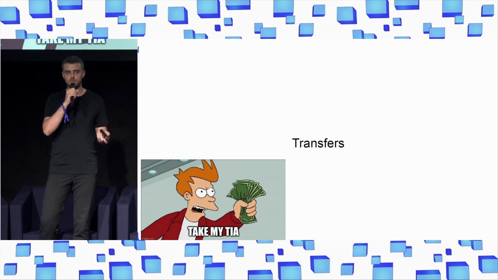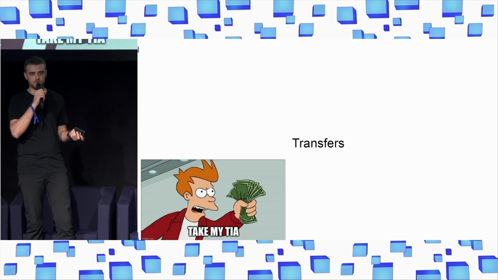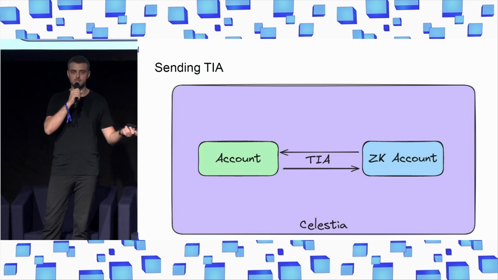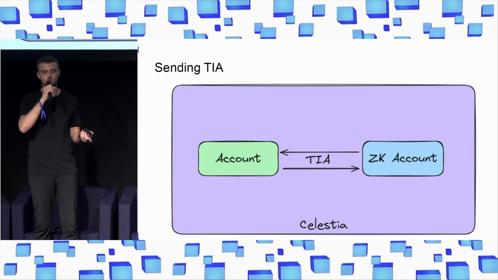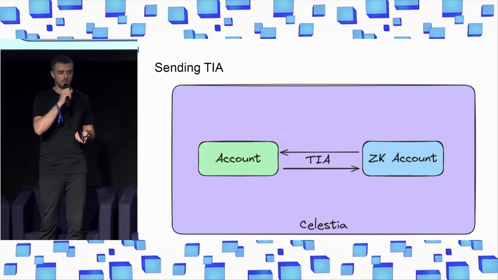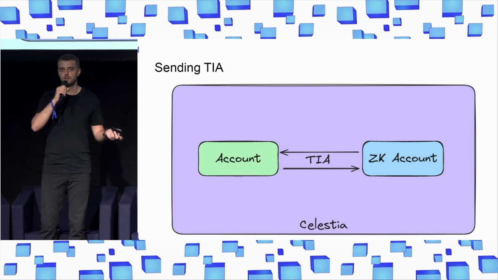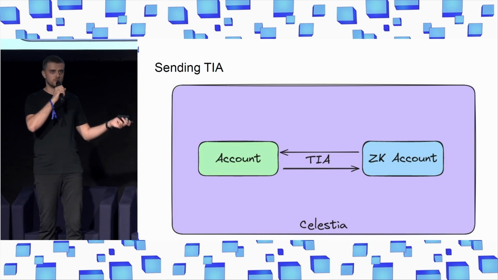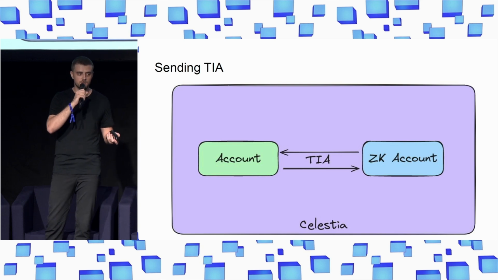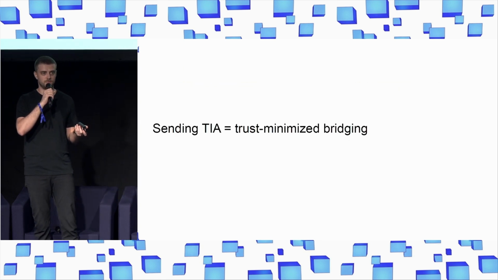Okay, so 3 things that we can do, right? Transfers. We can do transfers. I can send TIA from an account to a ZK account. And if you think about it, transferring TIA back from a ZK account to an account is just minimized bridging, right?